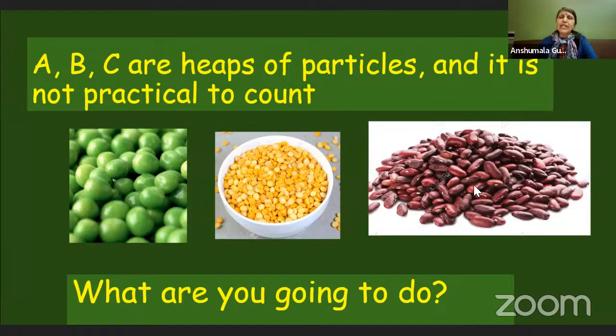So 1 bowl each means taking equal volume. If you take equal volume, will you get an equal number of particles? Firdaus is saying we'll weigh all 3 separately, ensuring that each weighing contains the same number of particles.